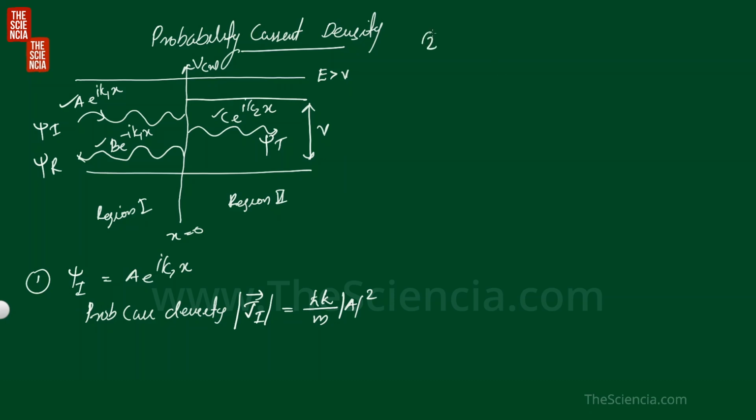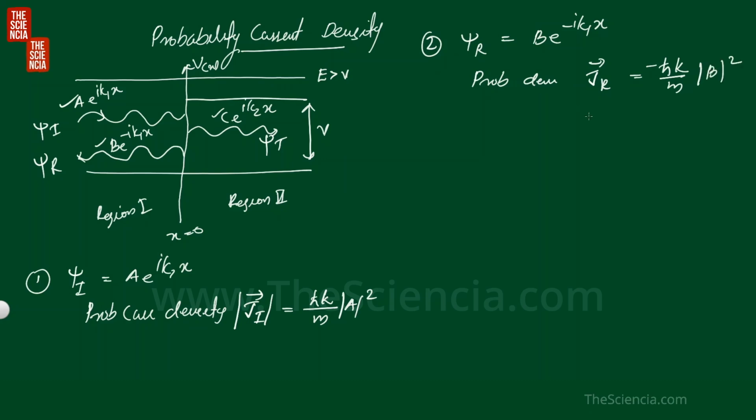Similarly, we can find the probability current density for the reflected wave. Psi r, its wave function, is b e raised to minus i k1x, and the probability current density of this reflected wave is Jr, which is equal to minus h cut k by m into modulus of b square.